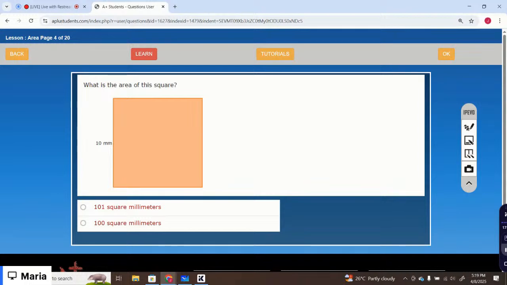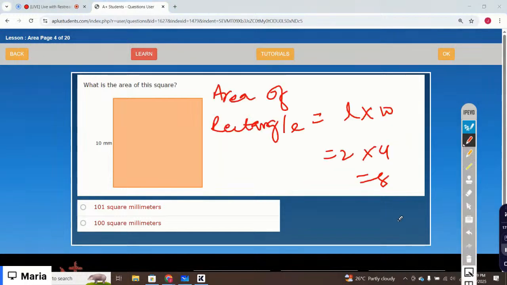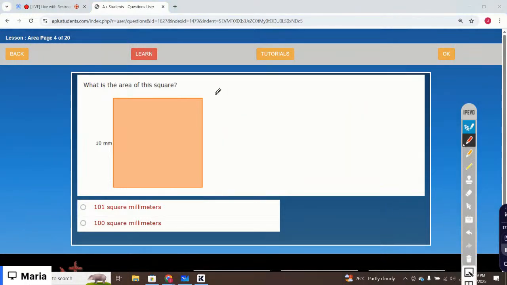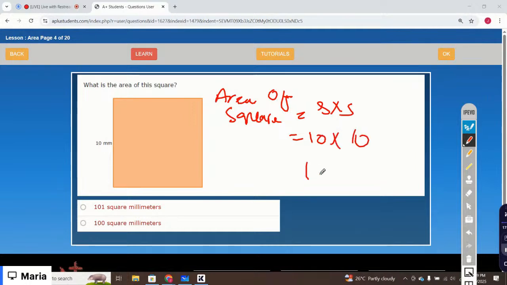So now we have a square. The area of the square is side times side because all the side lengths are exactly equal. So we have 10 times 10. That is 100 square millimeters.